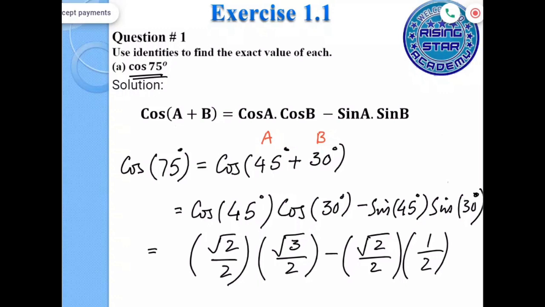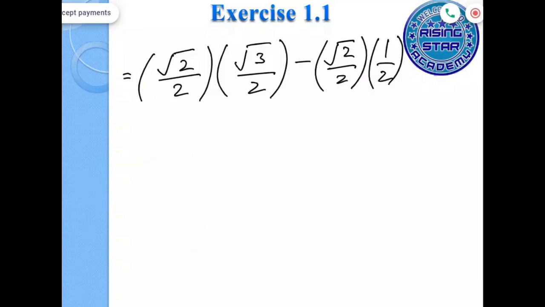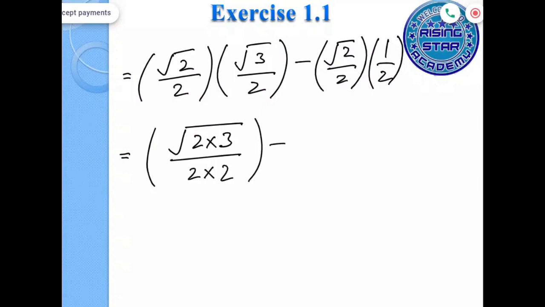So now we will solve them. So multiply 2 into 3 within the square root, and 2 times 2, minus root 2 times 1 would become root 2 and 2 times 2. Numerator value multiplied in numerator and denominator value multiplied in denominator.